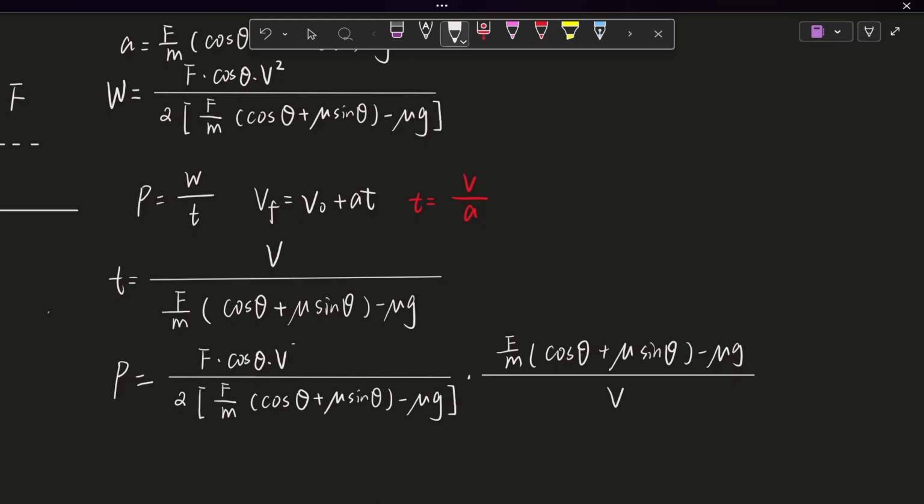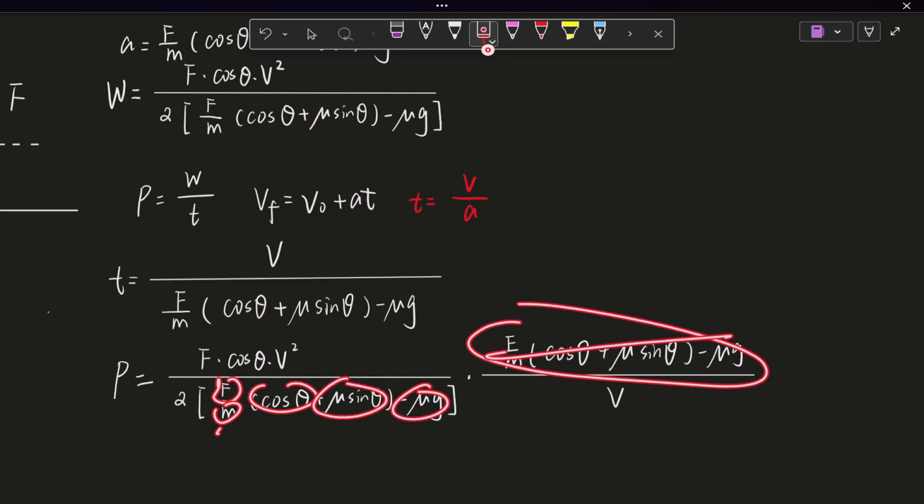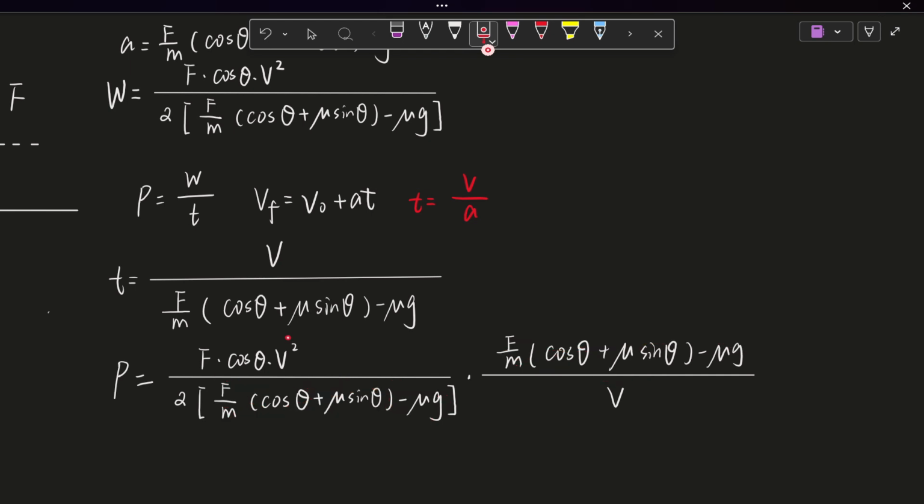This one's supposed to be v squared. Well, now you can see that, oh my, we can cancel out a lot of things. F over m times cosine theta plus mu sine theta minus mu g. This is the exact same thing, so we can cancel them out. And then here's a v squared, here's a v, so we can cancel it out. So we basically cancel out the entire time, which will finally get us to our final answer.